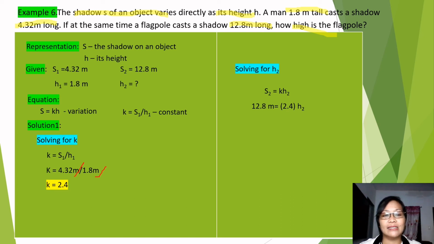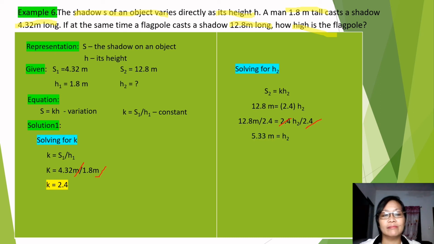To isolate H sub 2, we need to divide both sides by 2.4. So we have now 12.8 meter divided by 2.4 is equal to 2.4 H sub 2 all over 2.4. Then cancel 2.4 and 2.4. Therefore, we have H sub 2 is equal to 12.8 meter divided by 2.4.